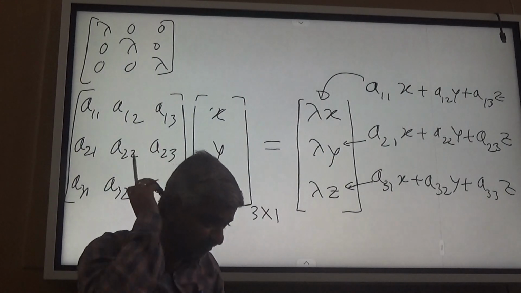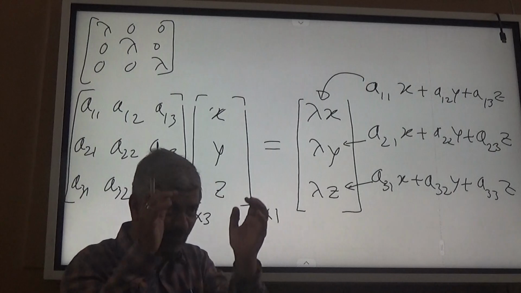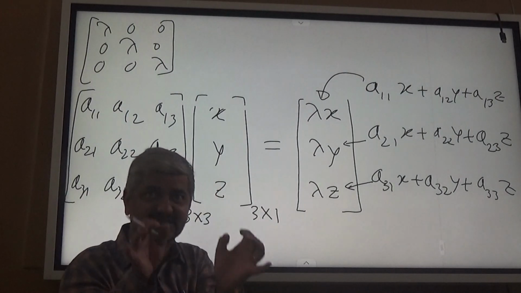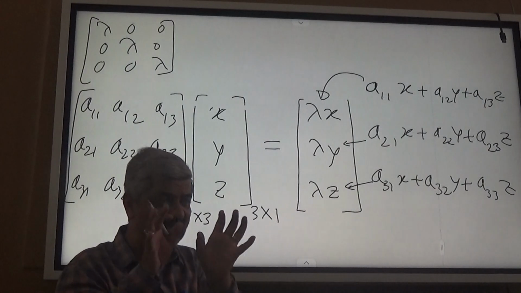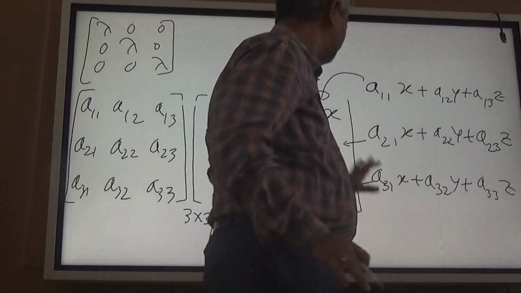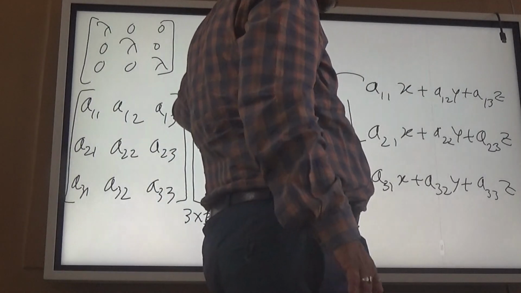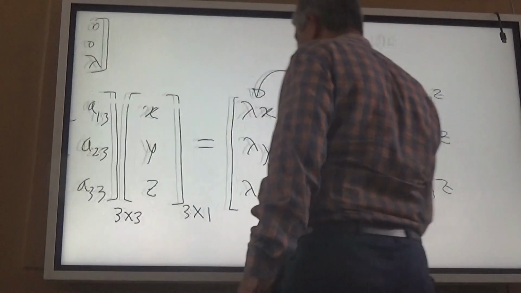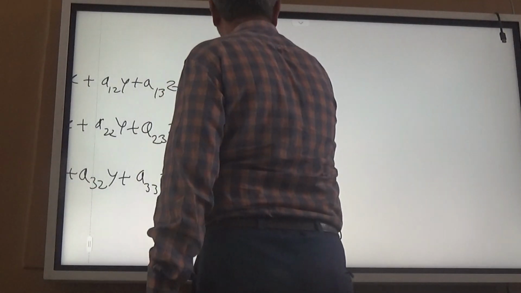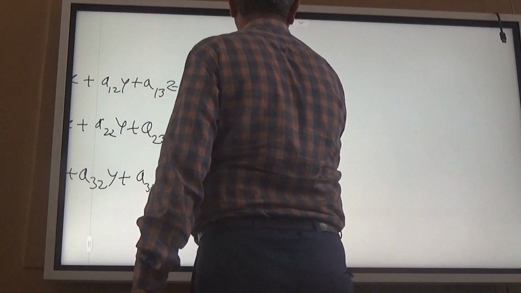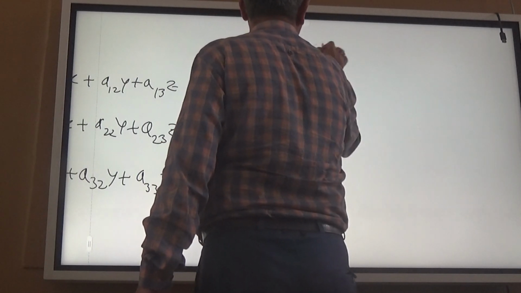I will come one step down, and for 2 by 2 we shall elaborate in detail so that we may understand something to a large extent. So this you keep as it is for the latter part. We go for a simpler one, that a11, a12, a21, a22 is matrix A.